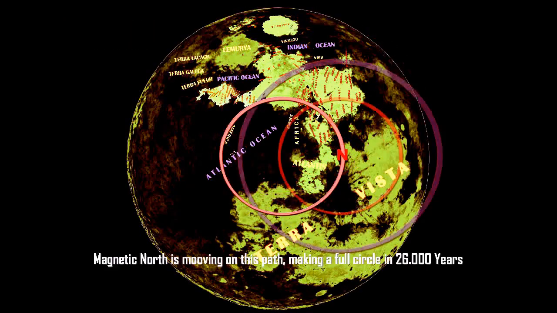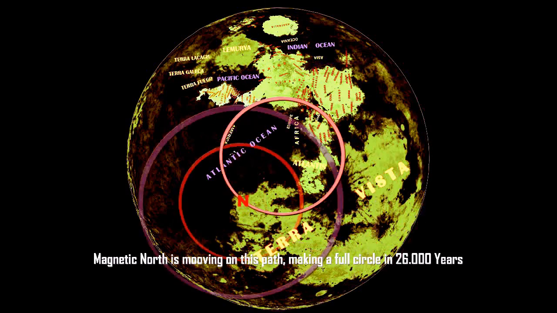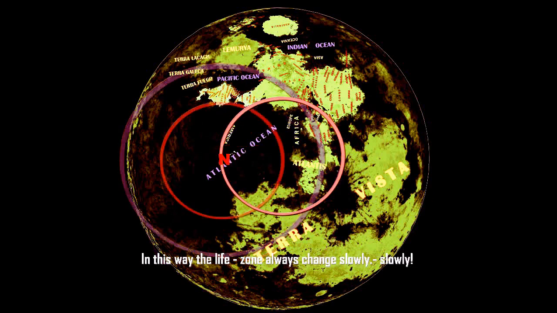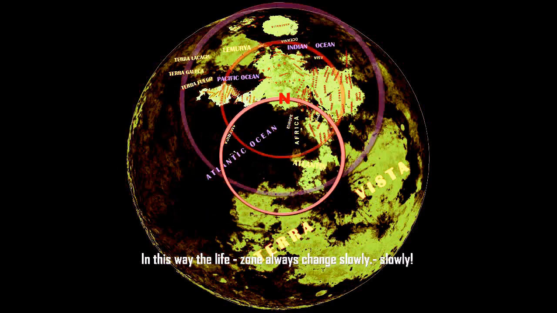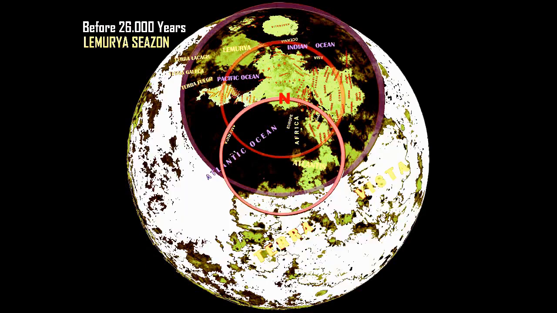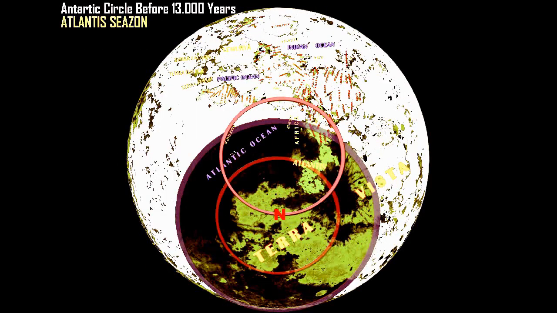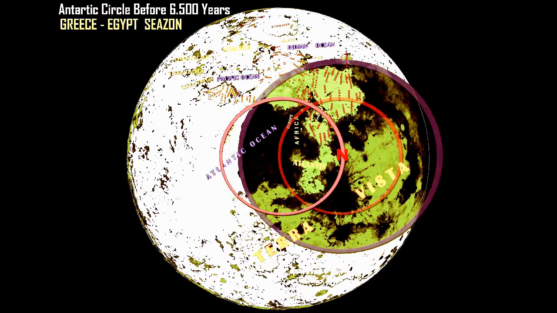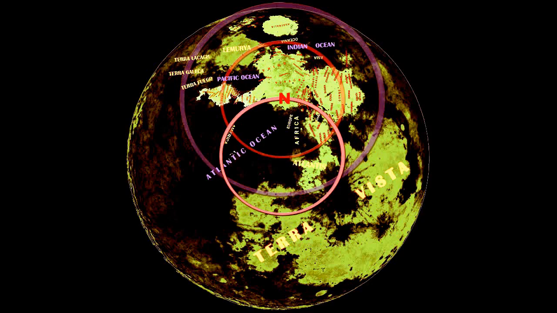To think about how gradually these changes take place, it is enough to think about the time it takes the whole process for a complete cycle. Ground epochs.